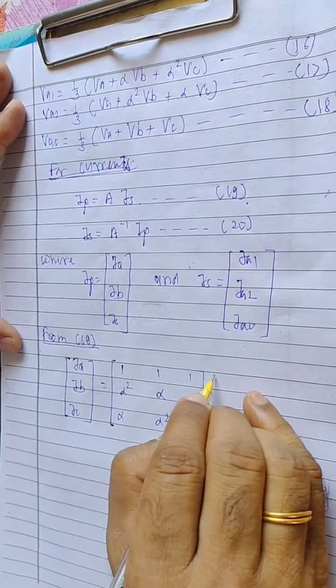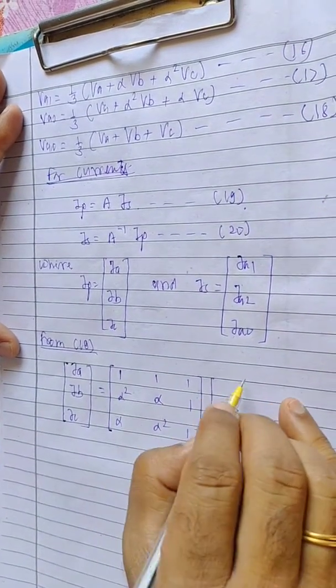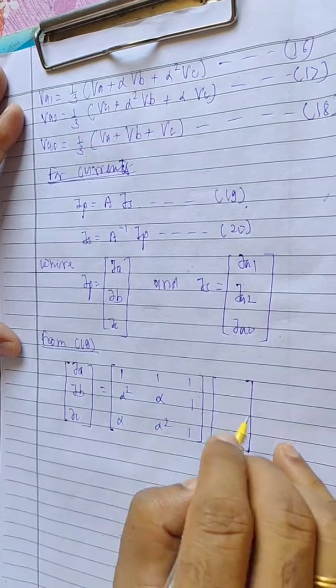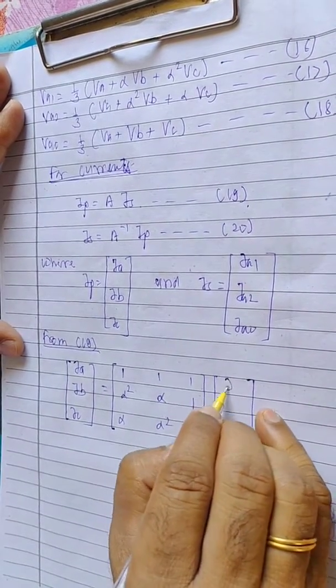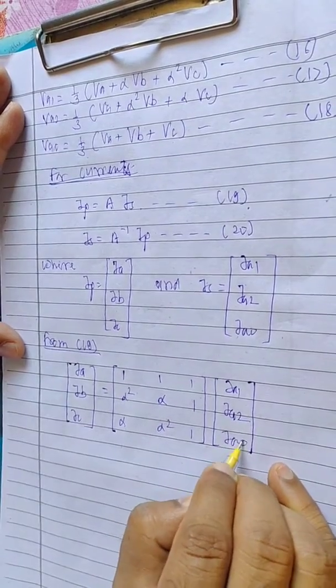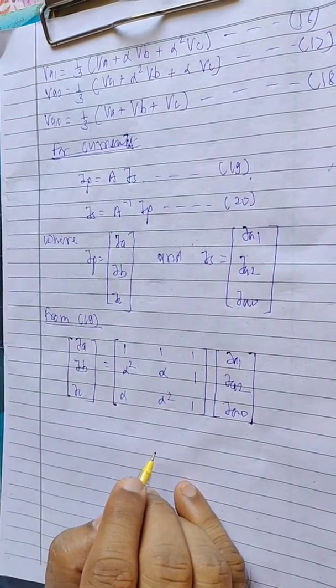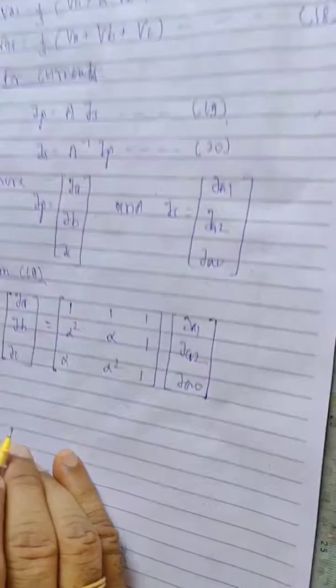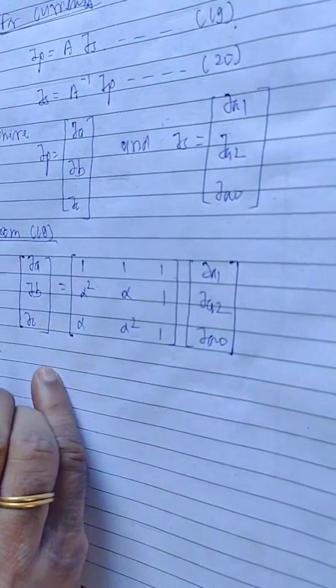This is matrix A, and this is the matrix of symmetrical components IA1, IA2, IA0. Now from this we can write the equation for IA.